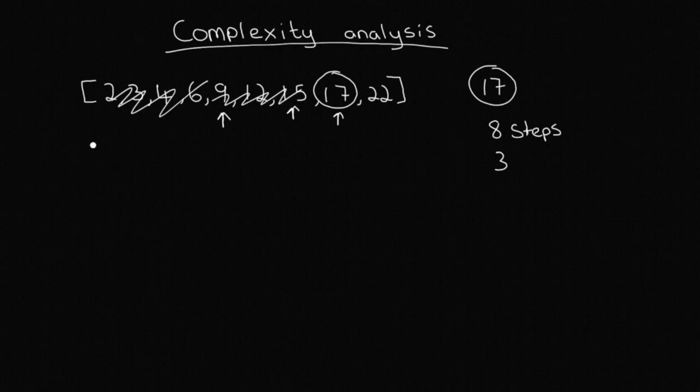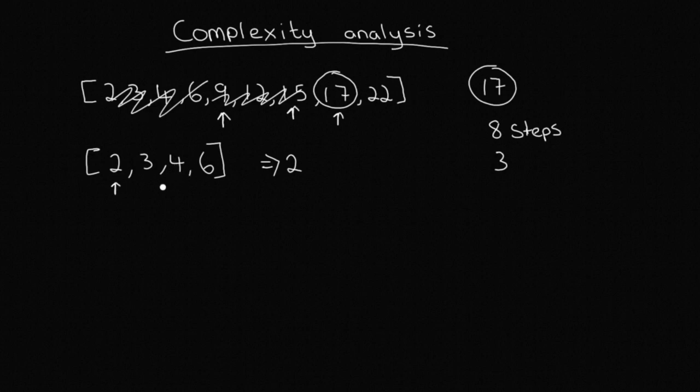For example, if we imagine we have an array like this that consists of 2, 3, 4, and 6. So imagine we have this small array, and imagine we want the number 2. We're looking for the number 2. And we go with our first approach to look at the first number. So if we do this, we can see that we've found our number 2 straight away in one step.